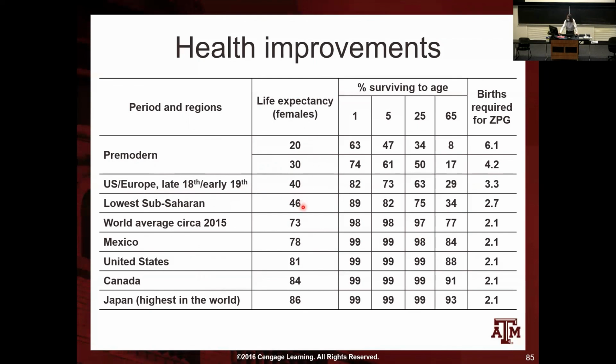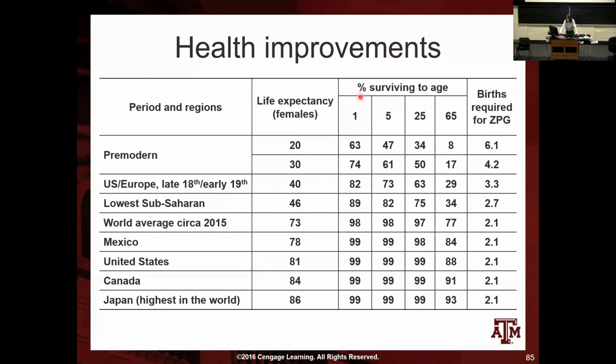And with more recent data from around 2015, the lowest sub-Saharan African countries had a life expectancy of only 46, while for the world it was around 73, Mexico 78. So there is a lot of variation across the world, and Japan 86 by 2015.